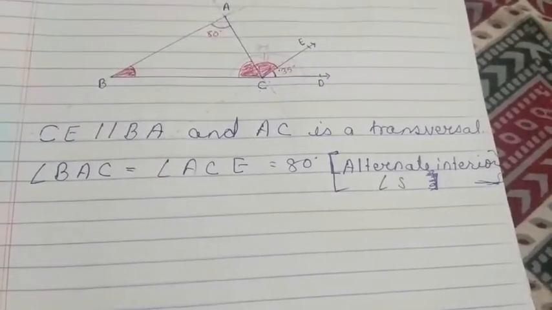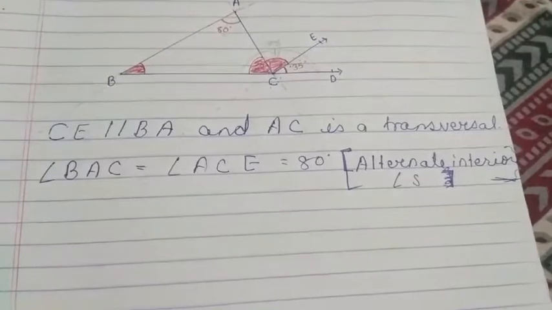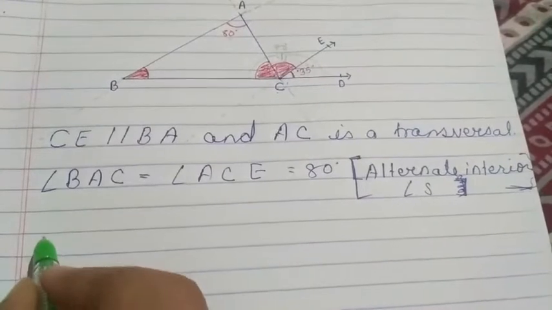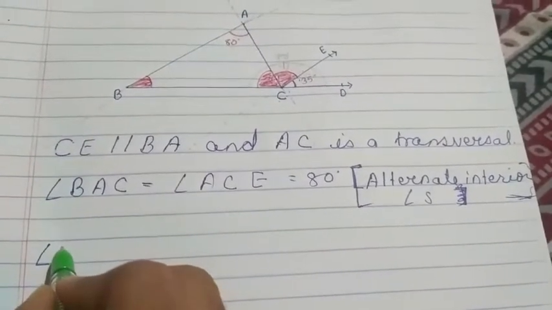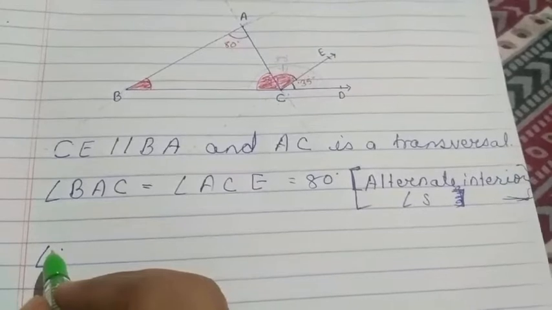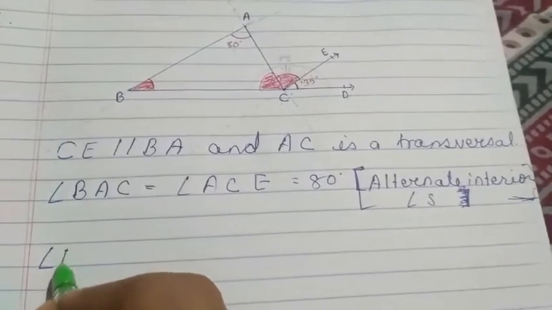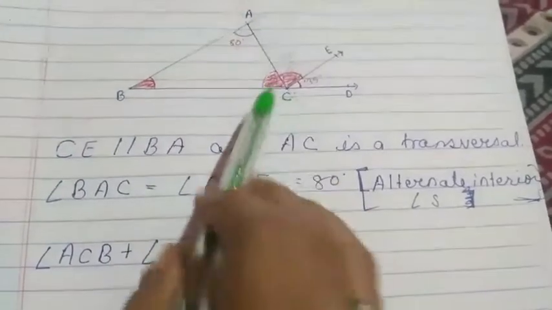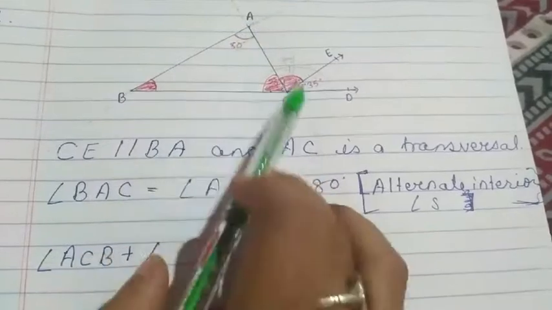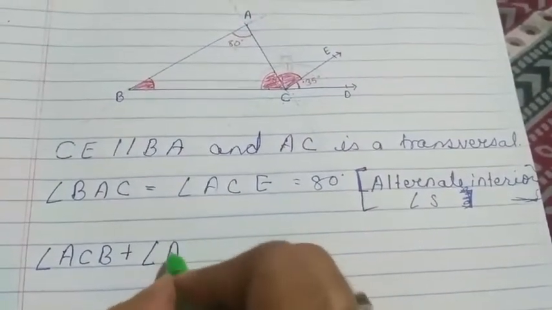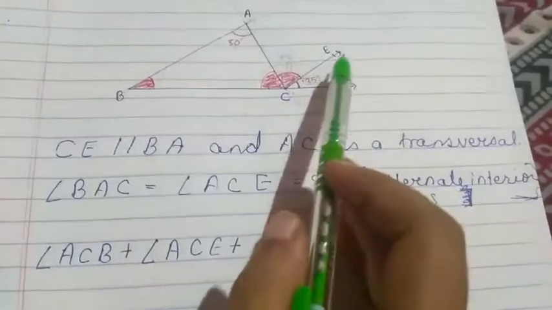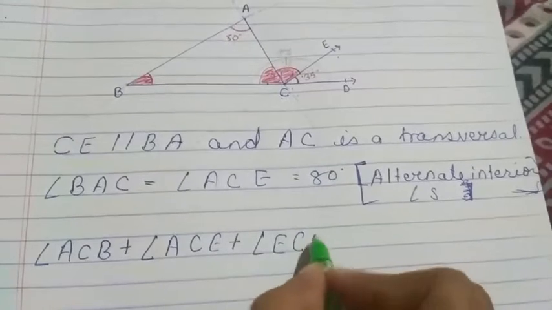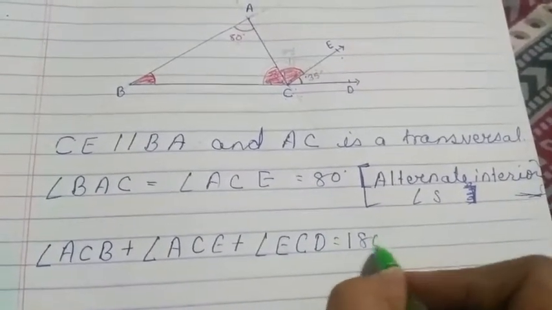Now, to find the second angle, that means ACB. The required next angle is ACB. I told you how you can find it. So you can write that angle ACB plus angle ACE plus angle ECD is equal to 180 degrees.